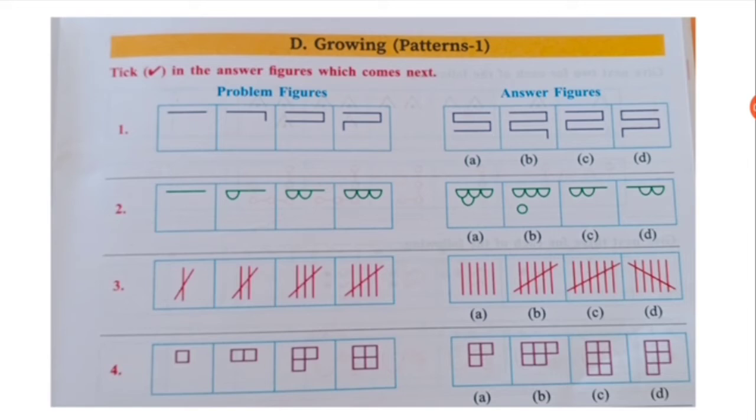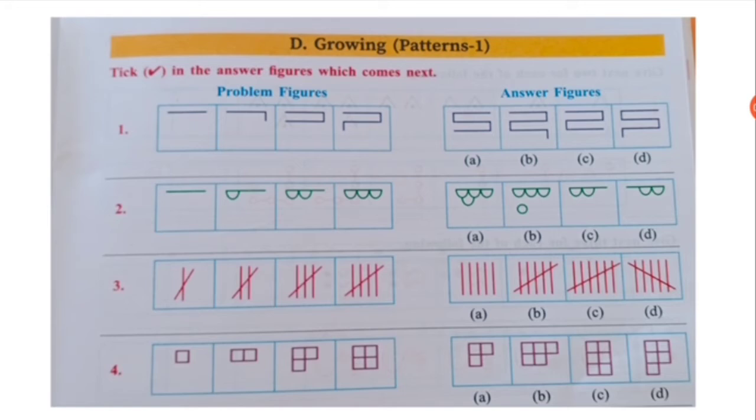So in one line 3 half circles can fit. So what will be our next figure? It should be A, because B is not proper, C is not proper, and D is also not proper. So A is our next growing pattern figure.